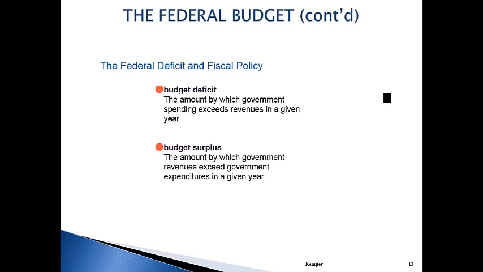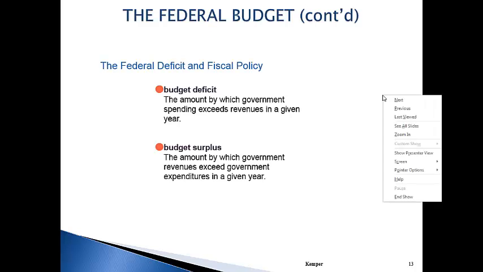That's a whole other lecture, but essentially the debt limit just keeps getting raised, and that was why we had the debt ceiling debate, and we continually have it, is because we operate with a budget deficit. A budget surplus would be the opposite. It's the amount by which government revenues exceed government expenditures in a given year.